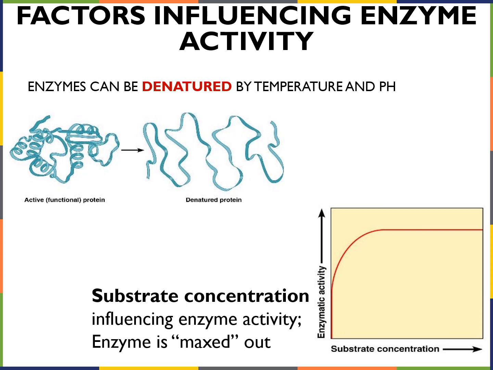Now, this protein still has the correct amino acid sequence, but it's not in its normal 3-dimensional shape. Therefore, it is a non-functional protein. And because these enzymes are proteins, adding heat to these enzymes inactivates them. So this is one reason why we don't want fevers to get too high.